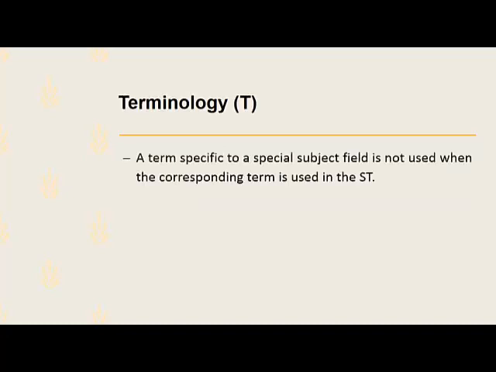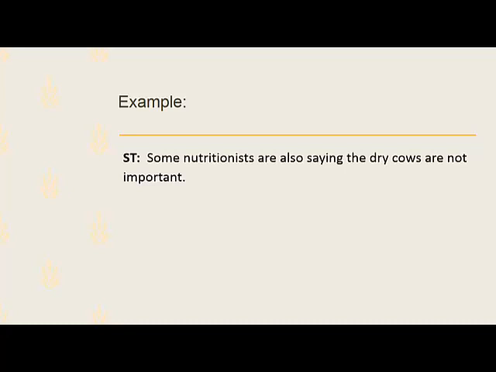Terminology. Terminology error occurs when a term specific to a special subject field is not used when the corresponding term is used in the source text. For example, the source text: some nutritionists are also saying the dry cows are not important.